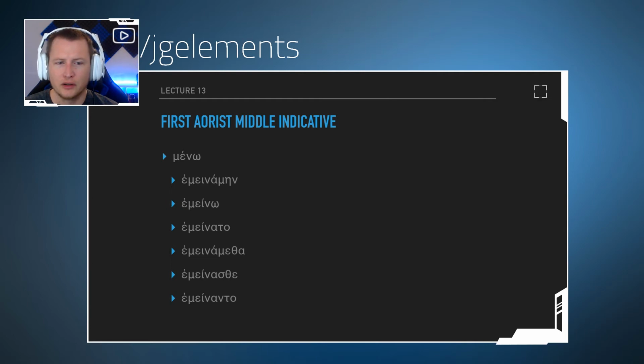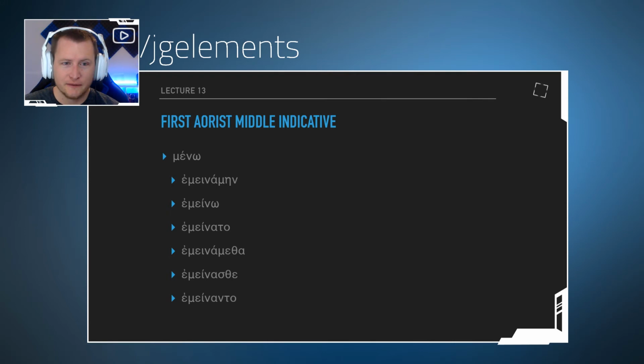Again, you see the iota creeping in there because it's liquid. There's no sigma in the tense formative. Emeinamen, emeinao, emeinato, emeinametha, emeinaste, emeinanto. So I don't know how that works reflexively. I remained myself. I'm not sure if that works, but you get the idea.